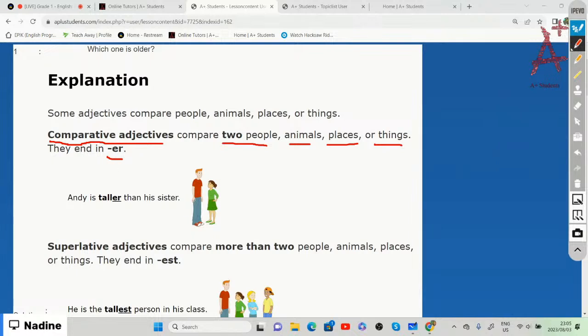So taller compares Andy to his sister, or basically the height of Andy compared to his sister.